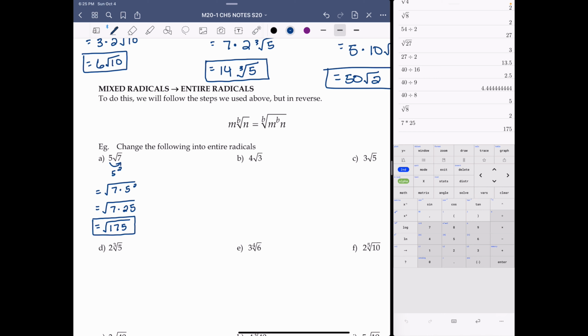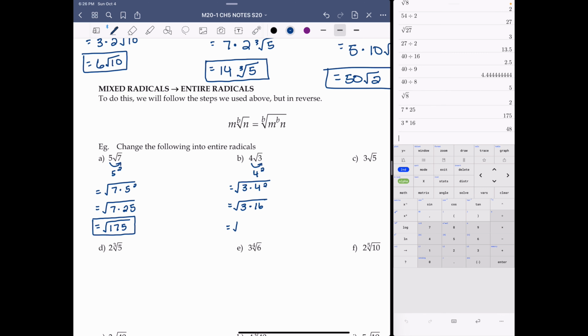Four times the square root of 3. If we want to put 4 underneath a square root, we need to put it to the power of 2. Then we have square root of 3 times 4 to the power of 2, which is the square root of 3 times 16. 3 times 16 is 48.